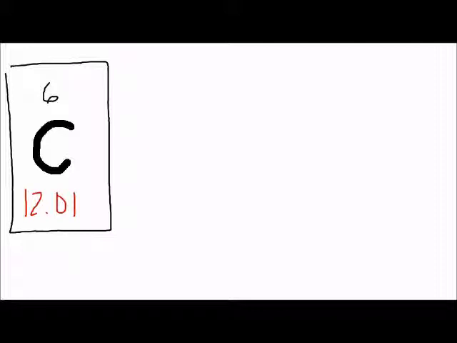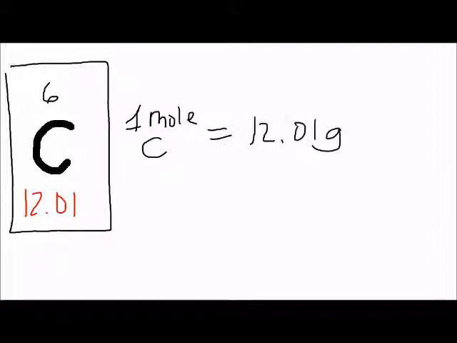What this means is that 1 mole of carbon is equal to 12.01 grams. That's why it's known as the molar mass. Taking the molar mass, it lets us get from moles to grams and grams to moles.